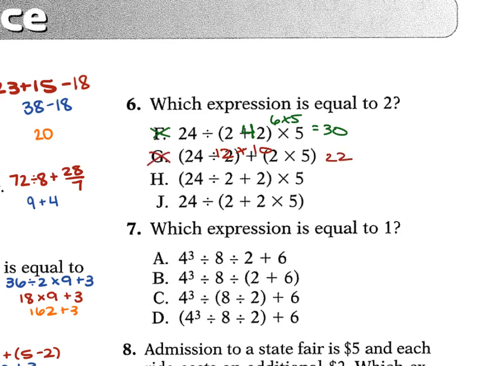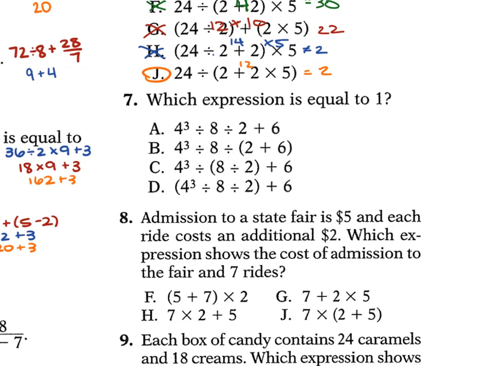So that's not it. For H, 24 divided by 2 is 12, plus 2 is 14, times 5 is not 2. So hopefully J is the right answer. We have 24 divided by 2 plus 2 times 5, so it's 2 plus 10, which is 12, which gives us 2. So J is our answer.